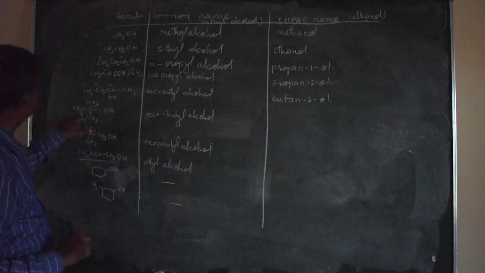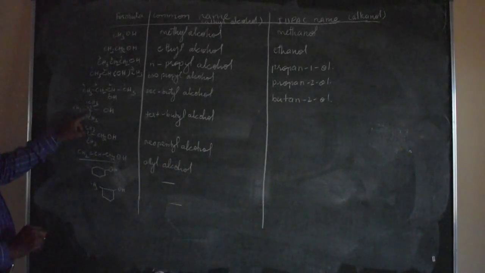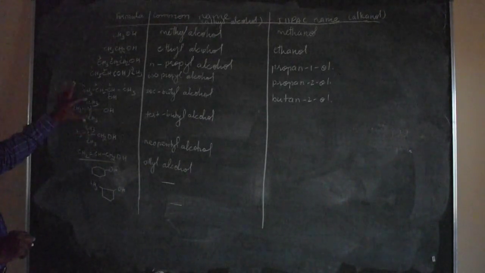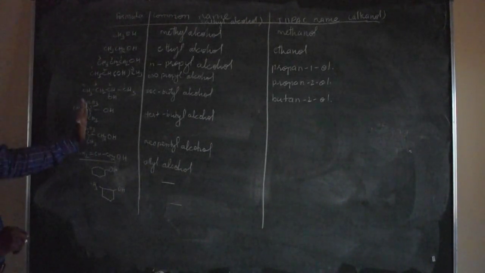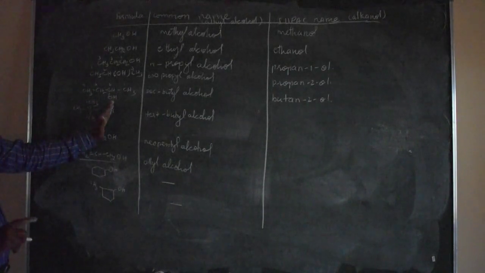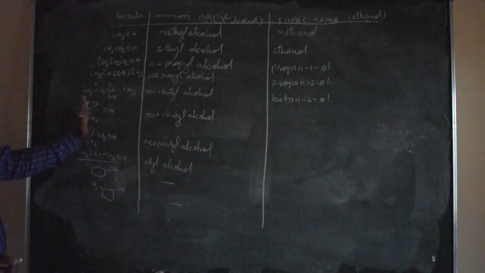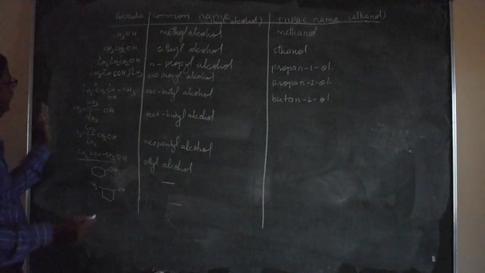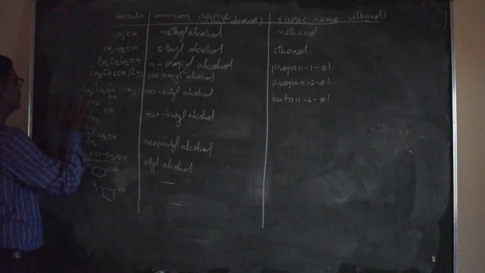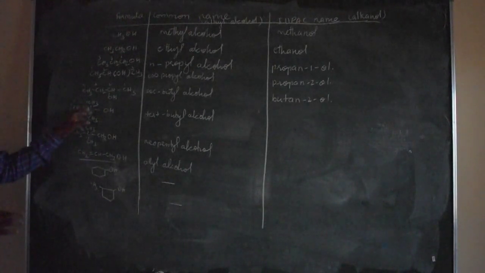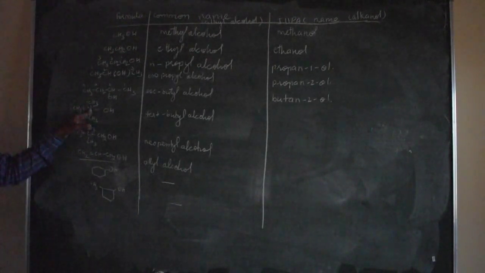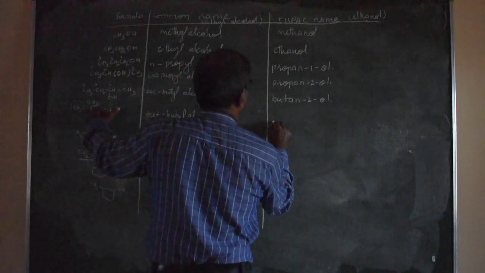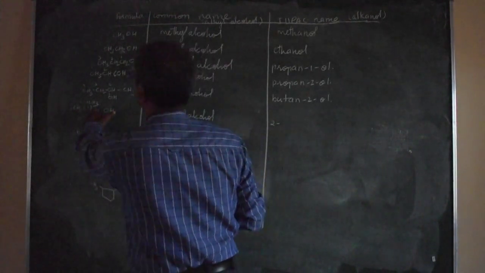So the name of this compound: the total number of carbon atoms in the long chain containing the functional group is 3, so it is a derivative of propan-2-ol. But we have one more group, CH3. You do not count that one; it is called a substituent, and it is on the second carbon. First you have to name the substituent, it is called the prefix, as you studied in PUC first year.